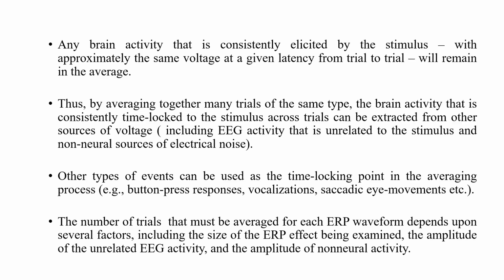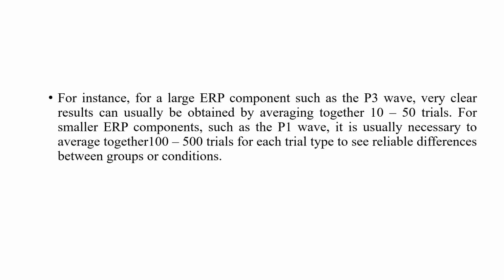The number of trials that must be averaged for each ERP waveform depends upon several factors. For example, the size of the ERP effect that you're looking for, the amplitude of the unrelated EEG activity, and the amplitude of non-neural activity. Depending on how much noise there is, it will basically decide how many trials you will need to average.